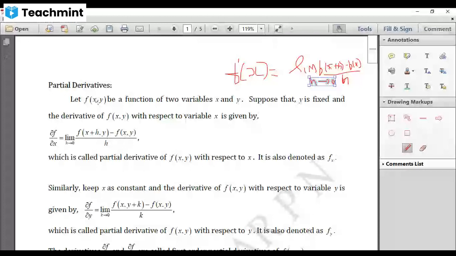You know that derivative is nothing but rate of change, isn't it? Say for example, if you take a human being, depending on time, height of a person as well as breadth of a person varies. So when time changes, height also changes, breadth also changes.